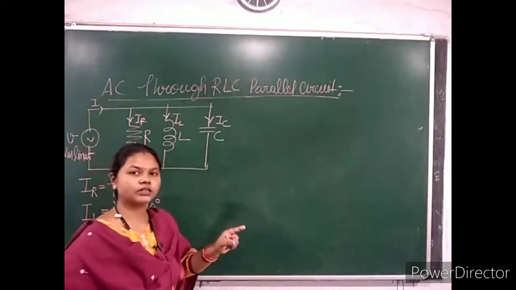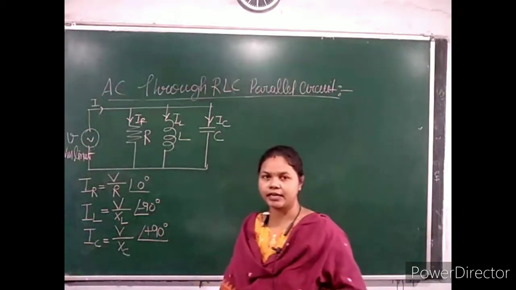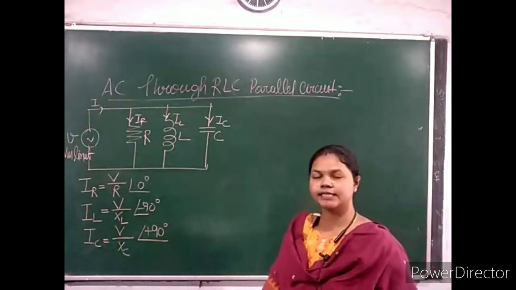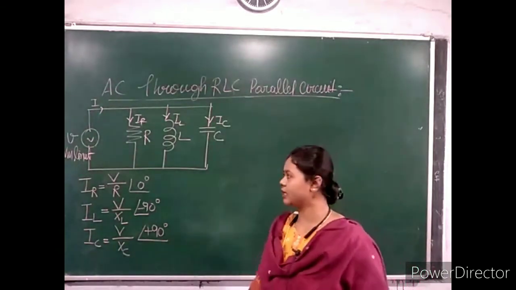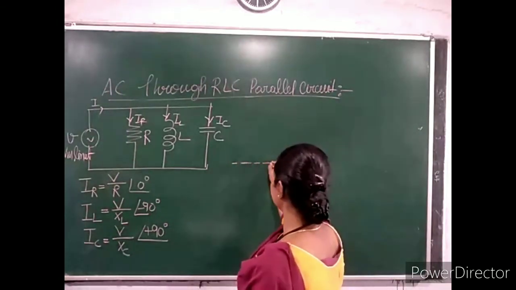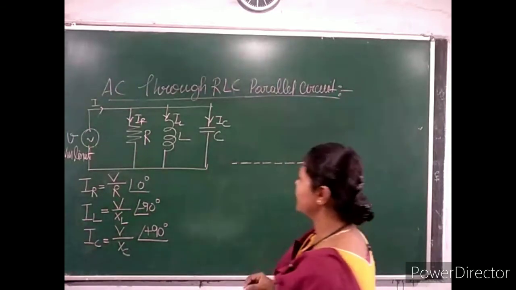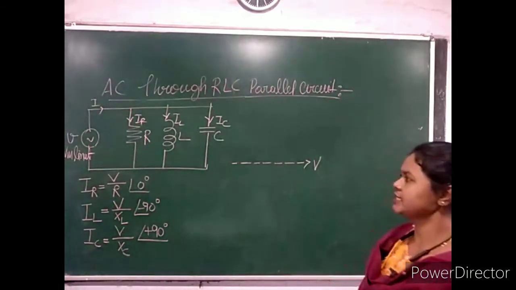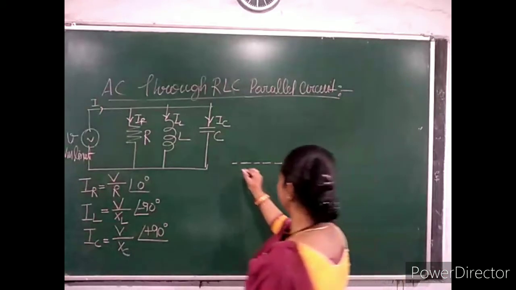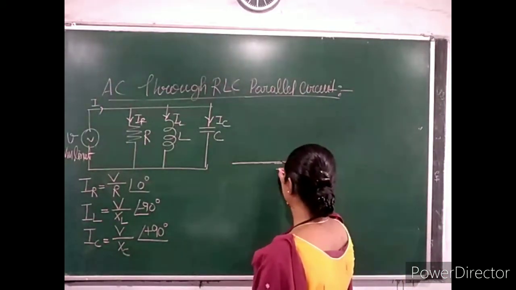So I draw the phasor diagram for current here. As it is a parallel circuit, voltage is the same across each and every element. I take voltage as a reference. Now the current flowing through resistor is in the same phase with the applied voltage.